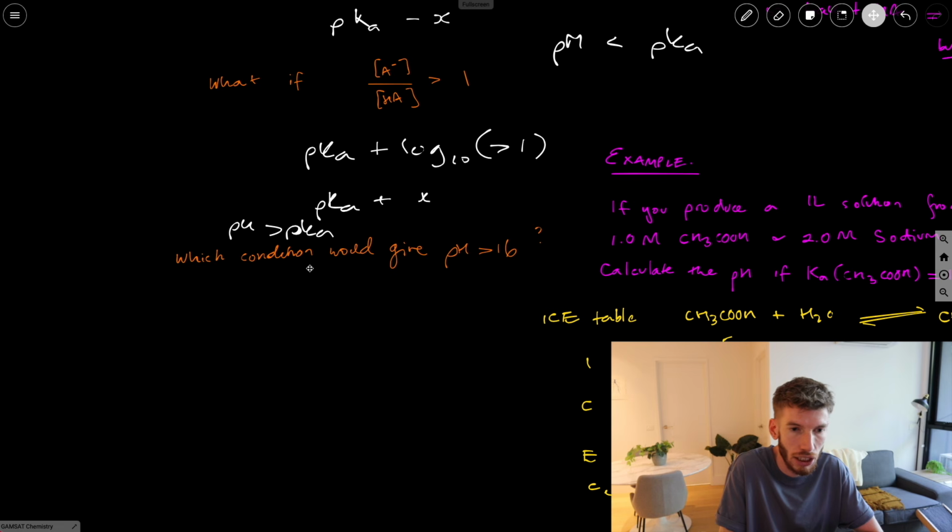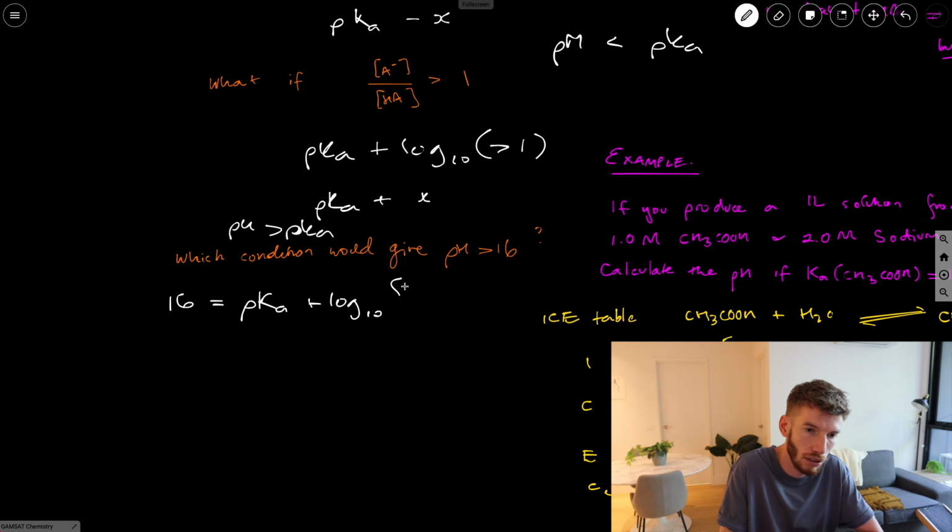And then it says which condition would give a pH of 16. So that one's just a straight maths question. So 16 is equal to pKa plus log 10 of base over acid.